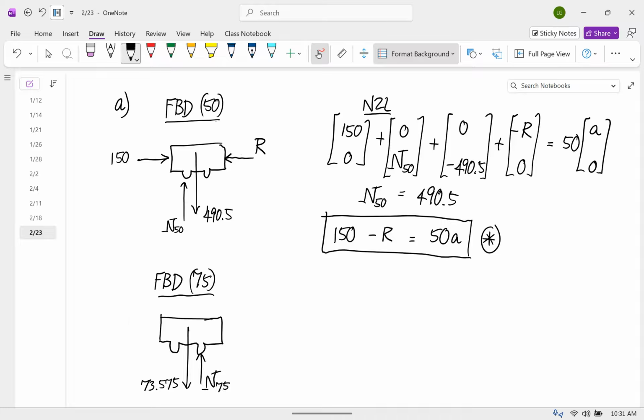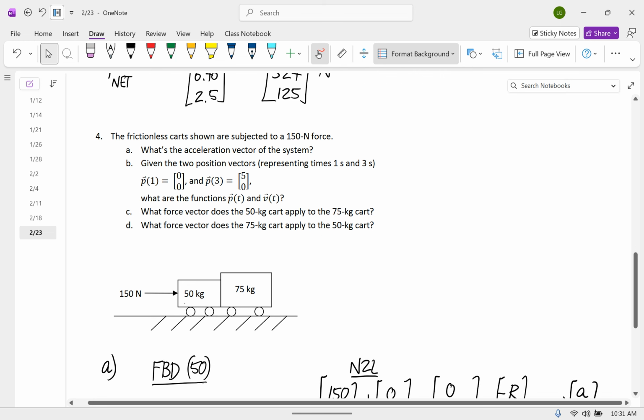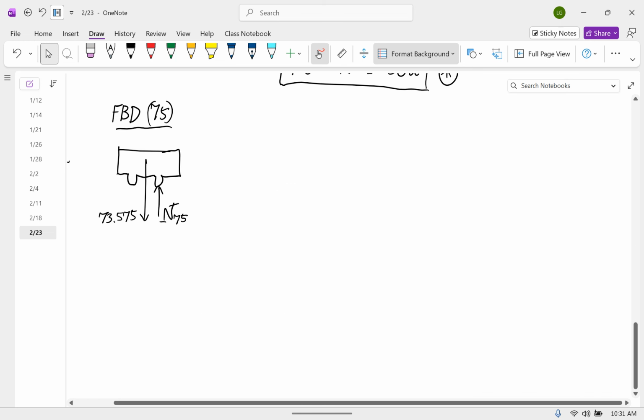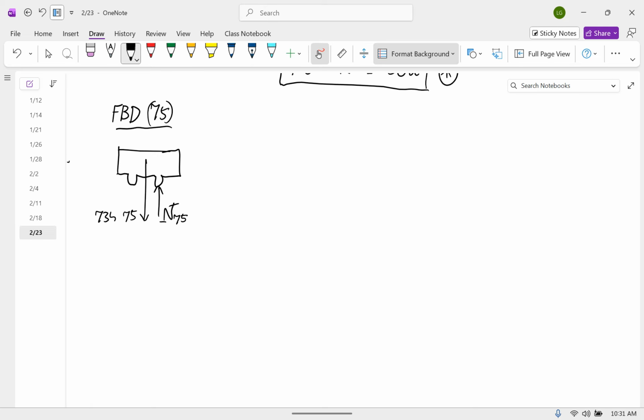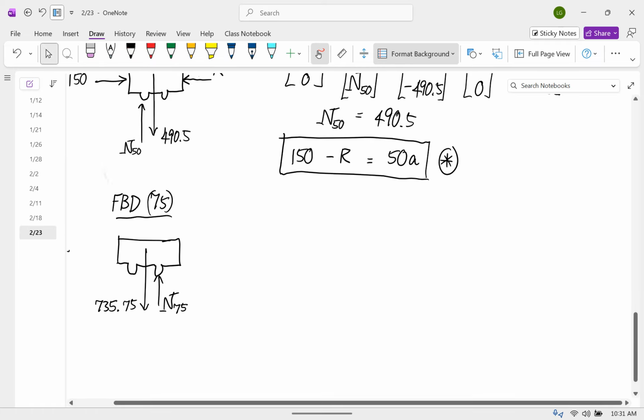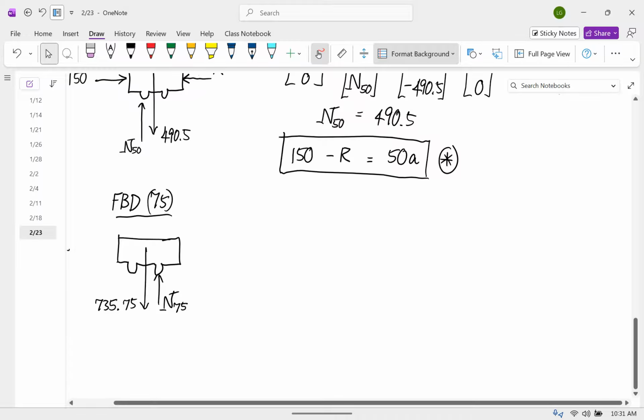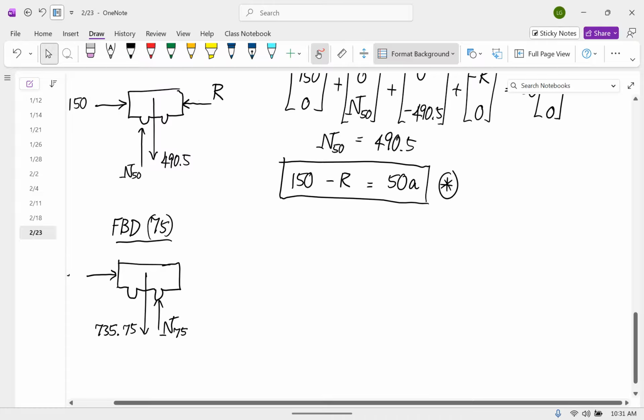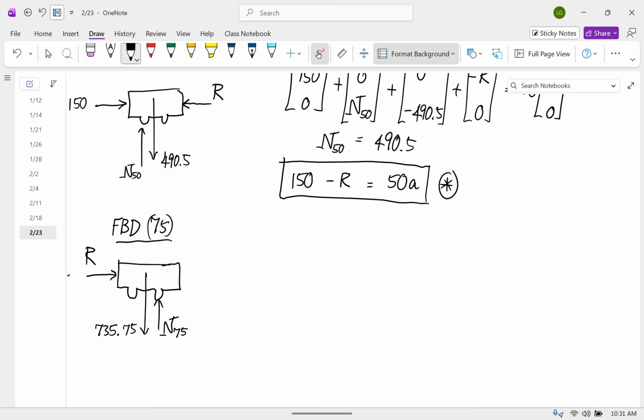There's nothing happening on the right side. Over here, there's the contact with the 50. It's a pushing contact, so it's toward the chosen body. And it's a Newton's third law pair. It's just two things pushing on each other, so I have to give it the same variable I gave it up there.